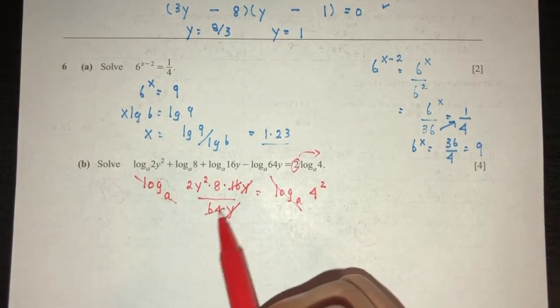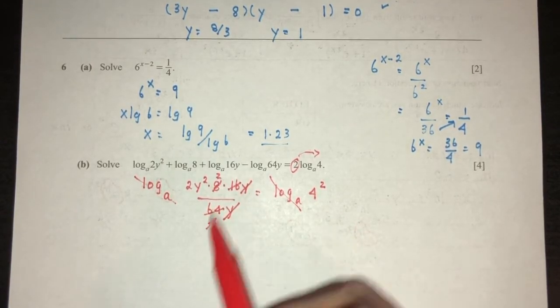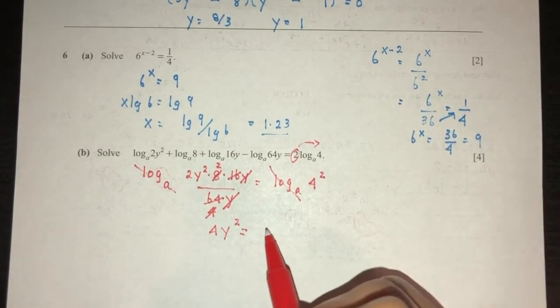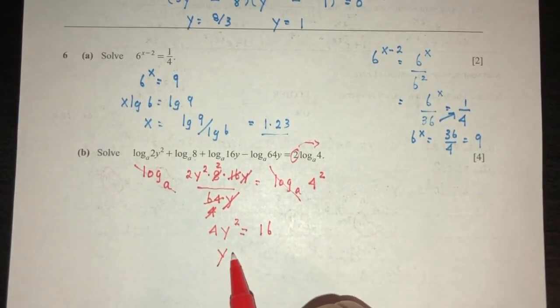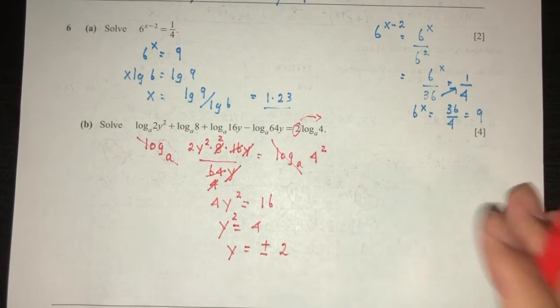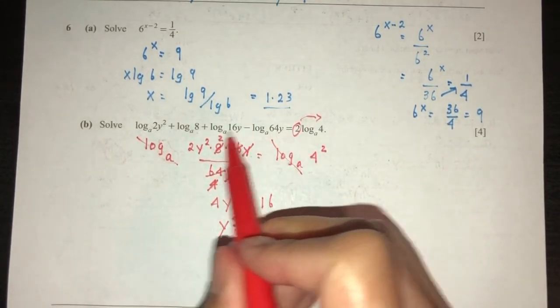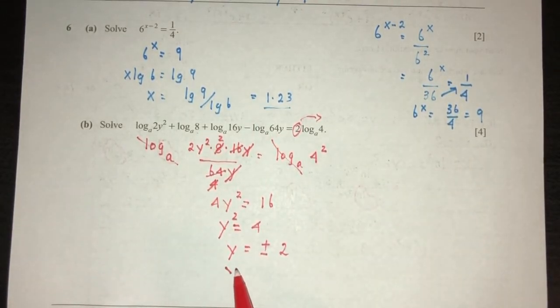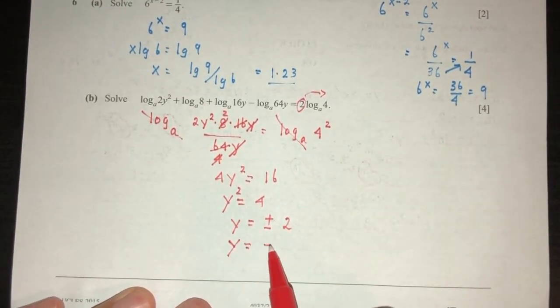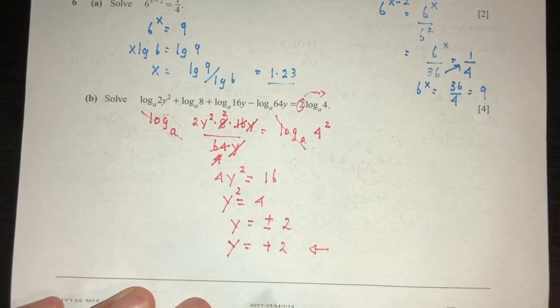So that will be 4, that will be 2. You have 4y squared equal to the value of 16. So y squared will be 4, so y can be plus or minus 2. But since y is the value inside of the logarithm, y can only be plus 2, because logarithms cannot take negative values. That will be question number 6.